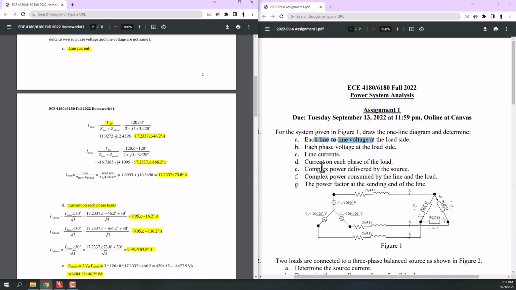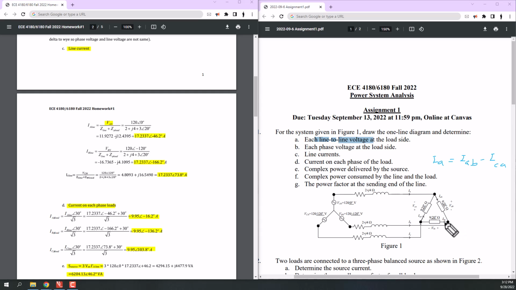In the next part, you have to calculate current on each phase, again at the load side. At this part, you can use the formula, or as you can see here, the line current here, IA, is equal to IAB minus ICA.